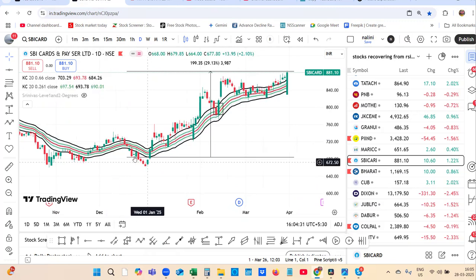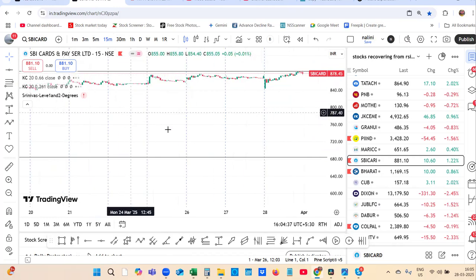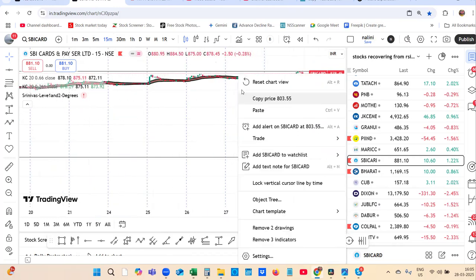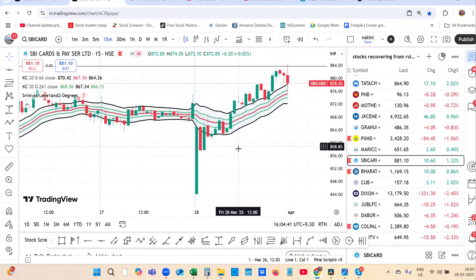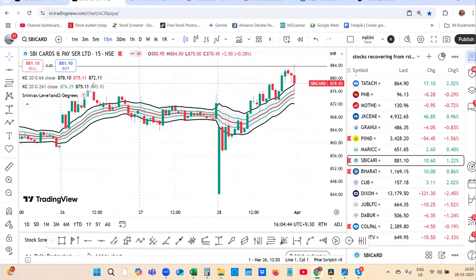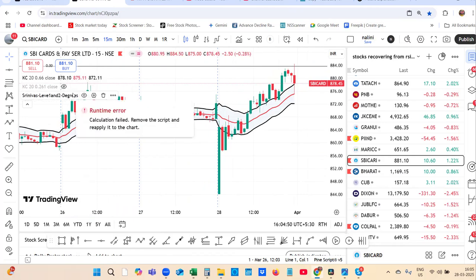Apart from that, you are applying Srinivas levels. This is not coming. This is for intraday only. Those levels have been configured for intraday and reset. Because so many are there, it is not giving me. Now it can give the levels.